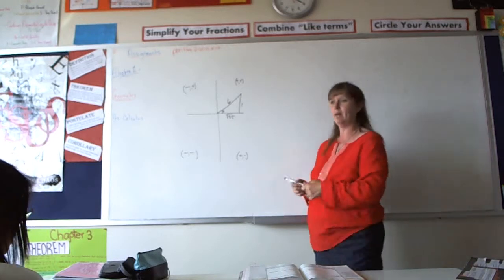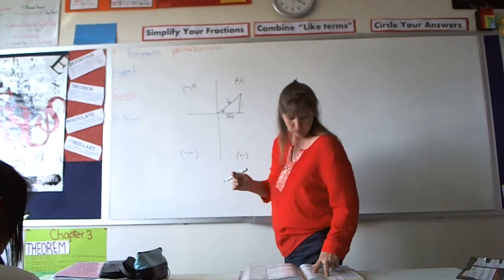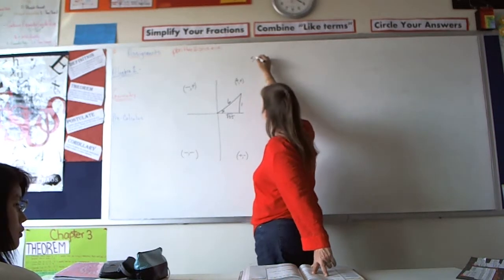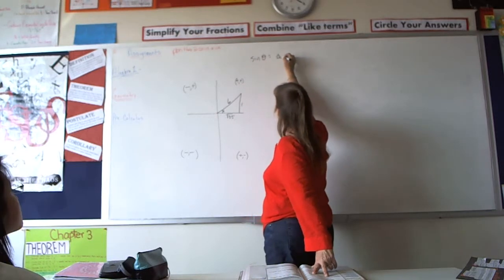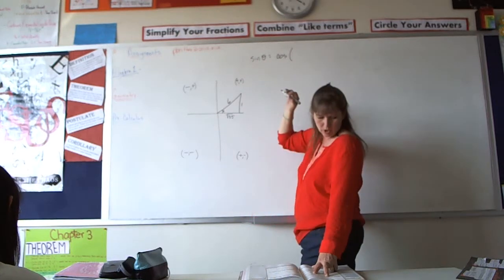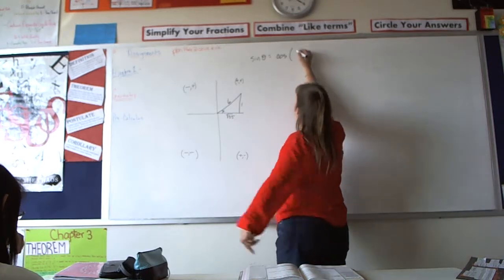The sine of theta is equal to the cosine of what? What's the chart say? Pi over 2 minus theta.